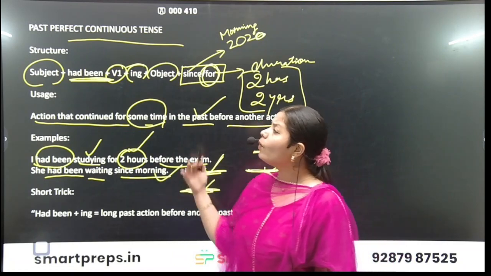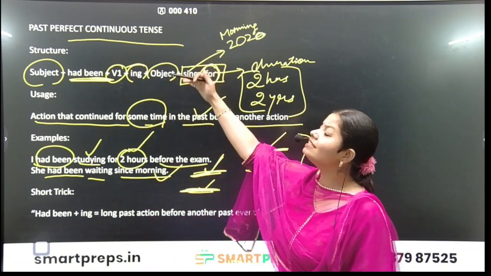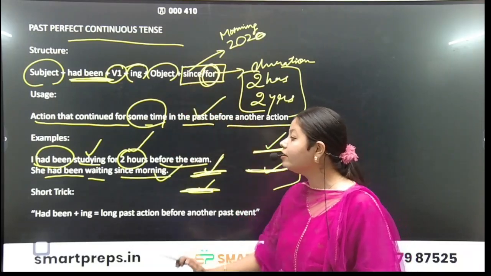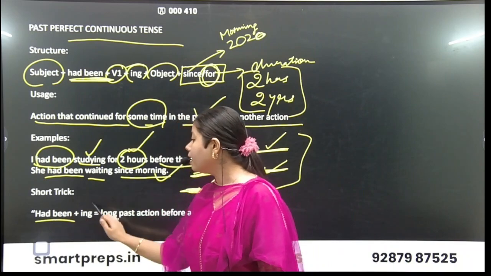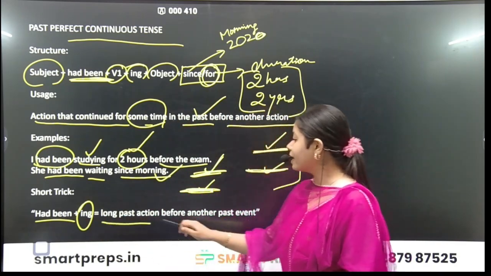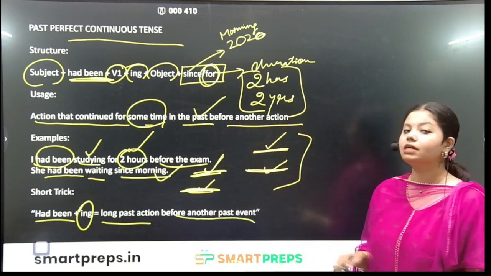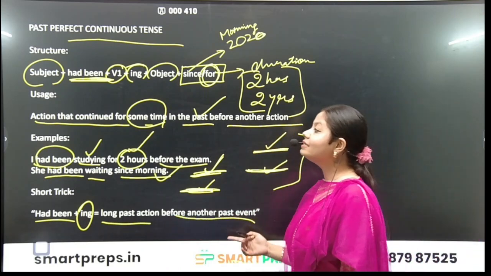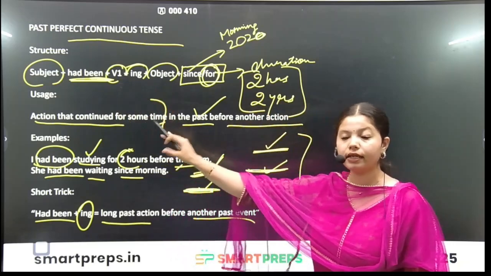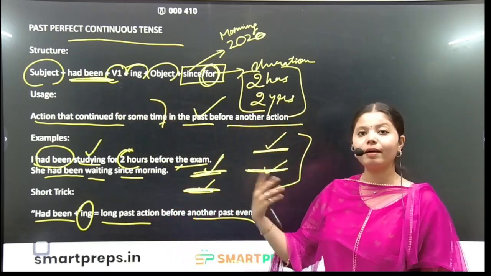Now what is the short trick to identify that this particular sentence is past perfect continuous tense? Whenever there is had been along with ing. A long past action before another past event. Long past action means that action that continued for some time, at least for some duration, before another past event.